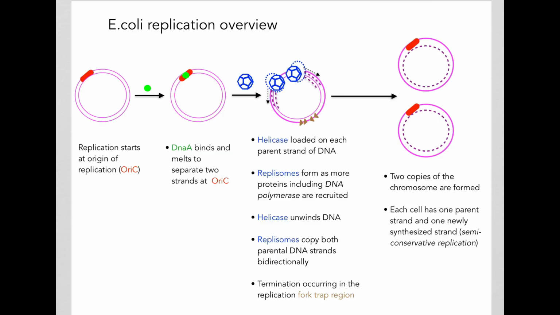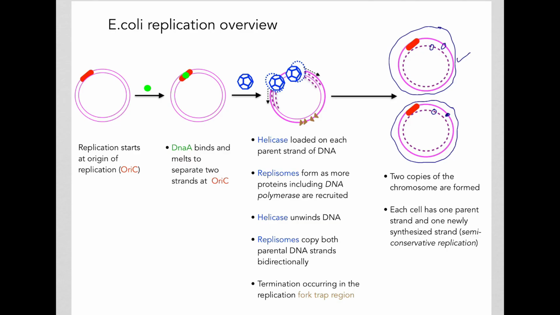Each bacterium cell will receive its DNA. So one bacterium here will receive the DNA. Another bacterium that is formed will receive its DNA. If you look at this DNA, one of the strands is the parent strand, while the other strand is the newly synthesized strand.